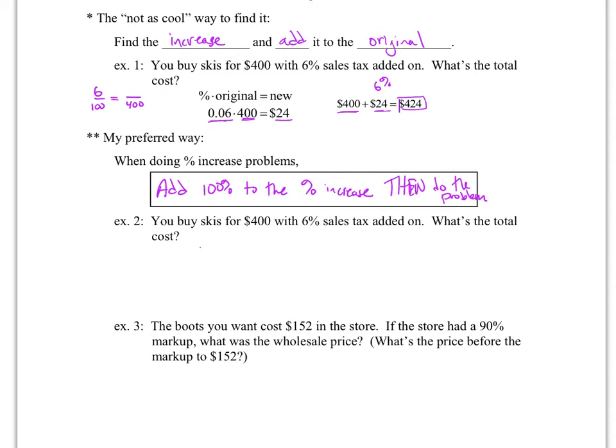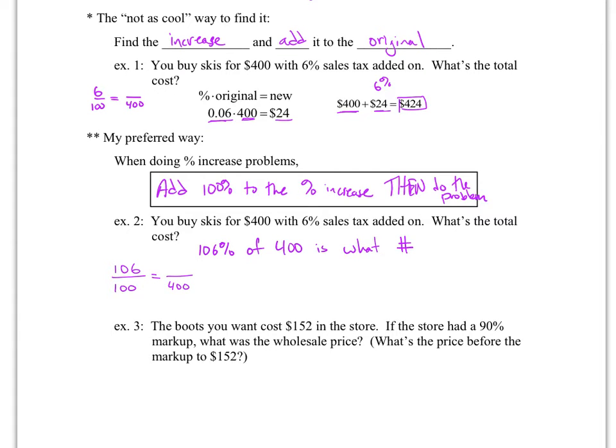So you're going to do 106% of 400 is what number? If you're a proportion person, do a proportion. Do 106 over 100 equals blank over 400.